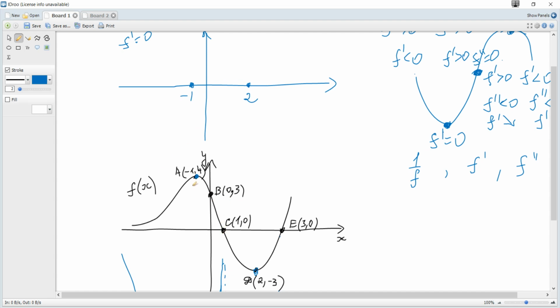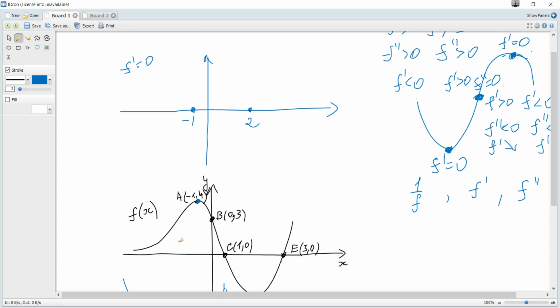And let's consider this part. You can see that it's concave up, it's concave down, and somewhere here there is a point of inflection, and it means that somewhere here the second derivative is equal to 0. But the second derivative is the derivative of the first derivative, and if we consider the first derivative as some function, the second derivative becomes the derivative of the first derivative, and if the derivative is 0, it means a maximum or minimum.